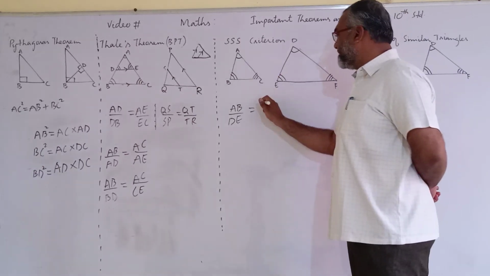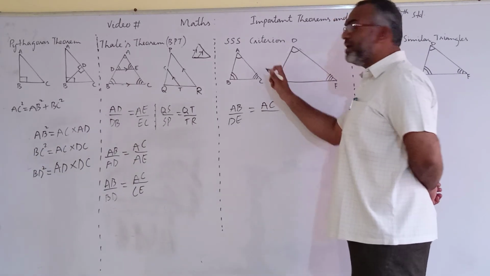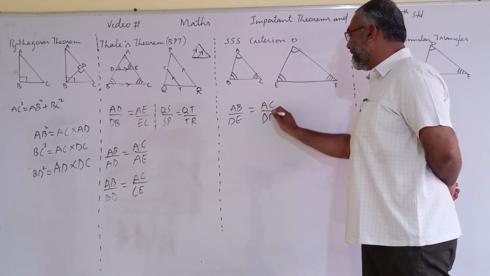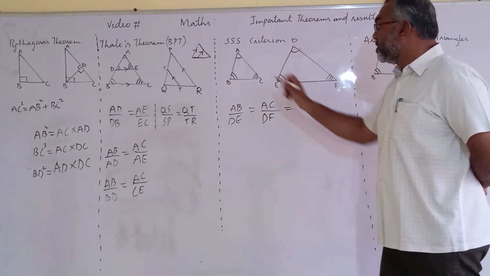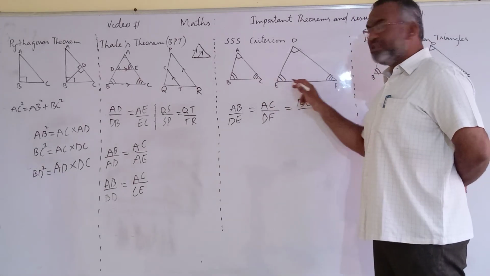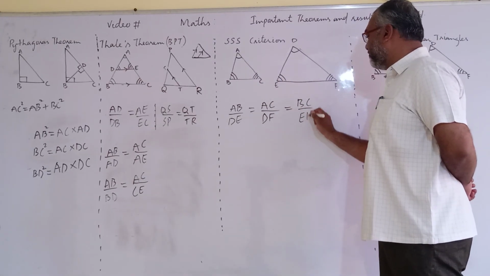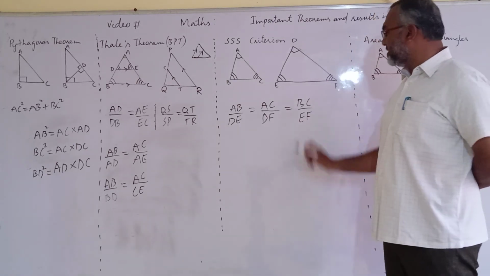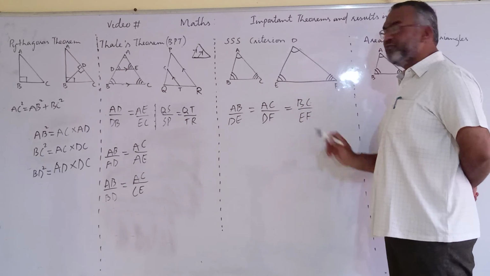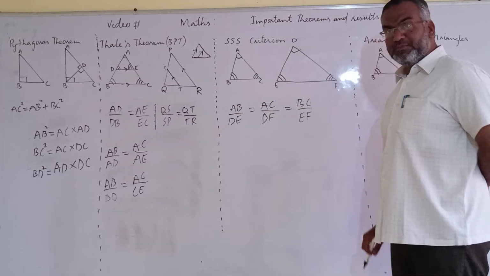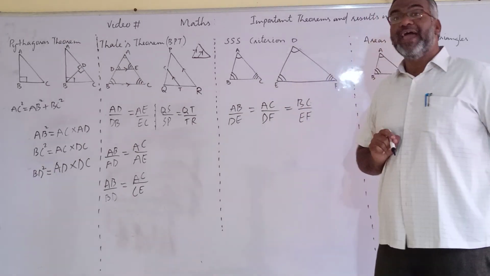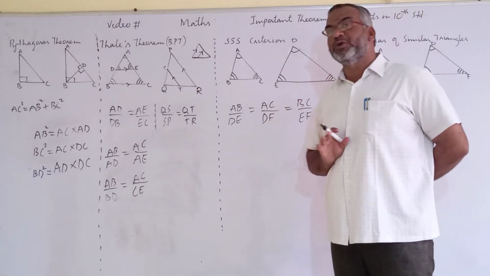Then AC is corresponding to DF, so AC divided by DF will be equal to BC divided by EF. BC, see, B is corresponding to E and C is corresponding to F. This is another important result. But this happens when two triangles are equiangular, that means their corresponding angles are equal.